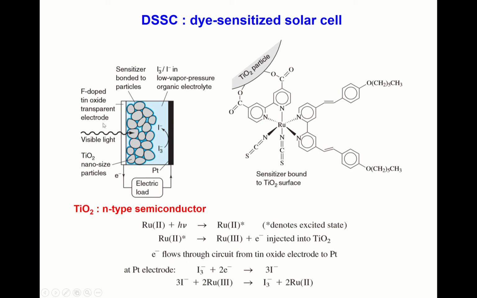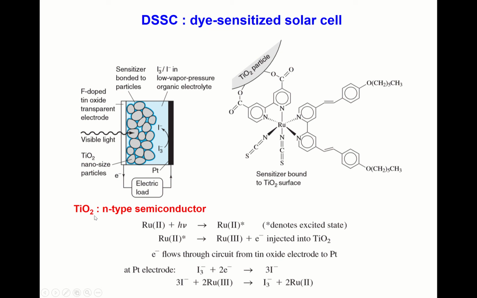Because the light should pass through this window and the solution on the solution side, the surface of this FTO is coated by nanoparticles. They are TiO2, titanium dioxide nanoparticles.